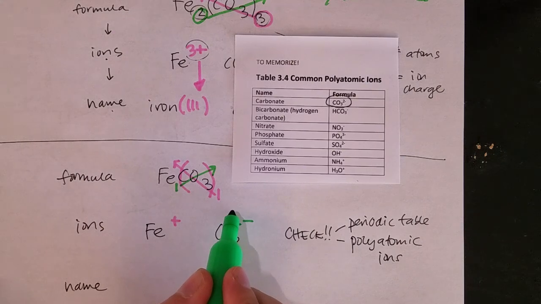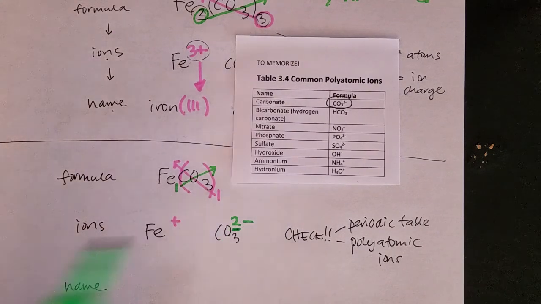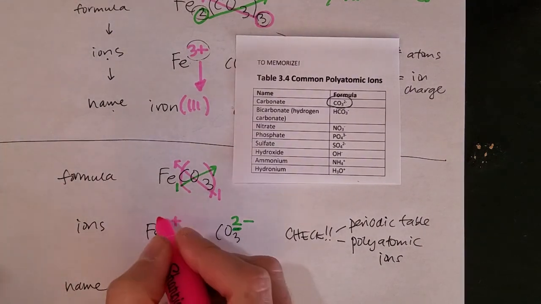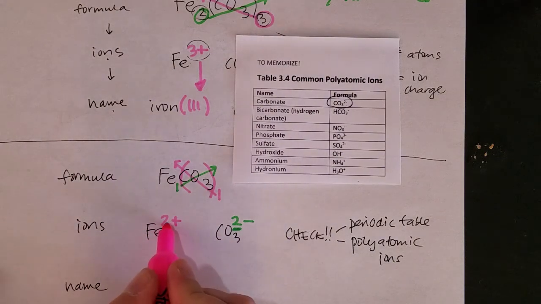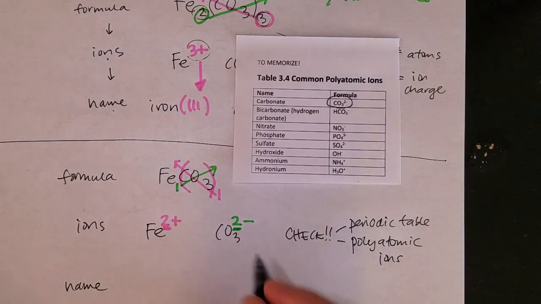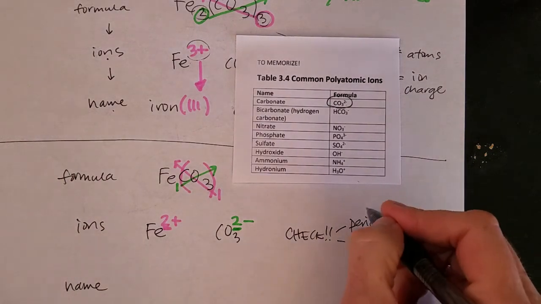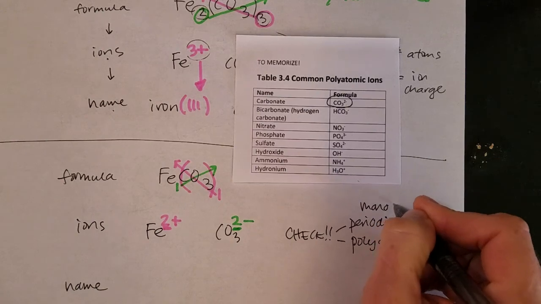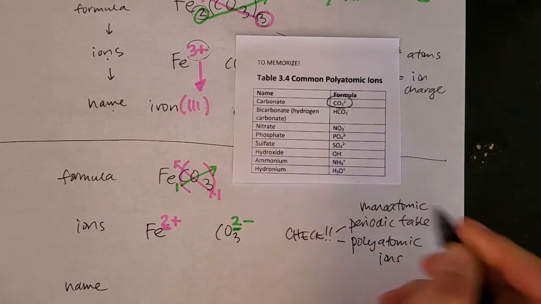And because this is a 2 negative, the iron, to balance it out, has to be a 2 positive. So you can check that with your polyatomic ions, or you can go to the periodic table and check, let's just say instead maybe you had an oxide. You can check your monoatomic ions' charges on the periodic table.